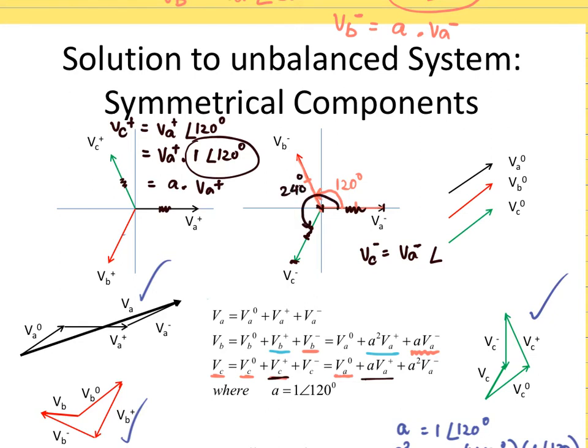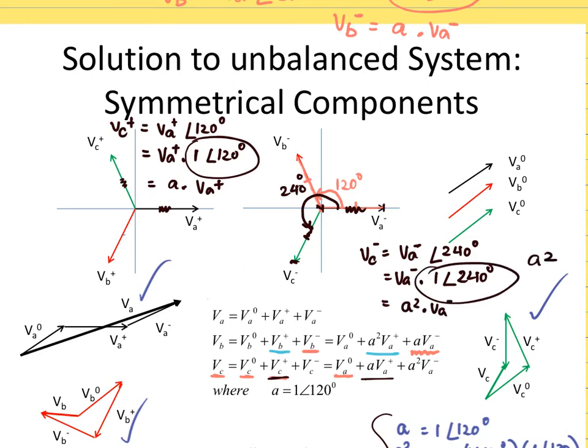So positive 240, okay? And as I explained previously, VA negative times 1 at an angle of 240 is your A square. A square times VA negative. So A square VA negative is VC negative.